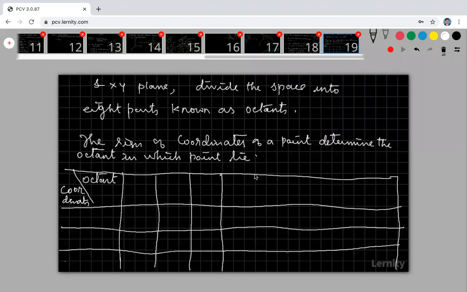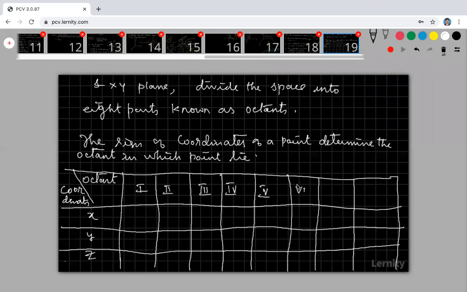See the table, Kanna. You just copy the table from your book. So see this: my x coordinate, y coordinate, z coordinate. This is first octant, second octant, third octant, fourth one, fifth one, sixth one, seventh one, eighth one.